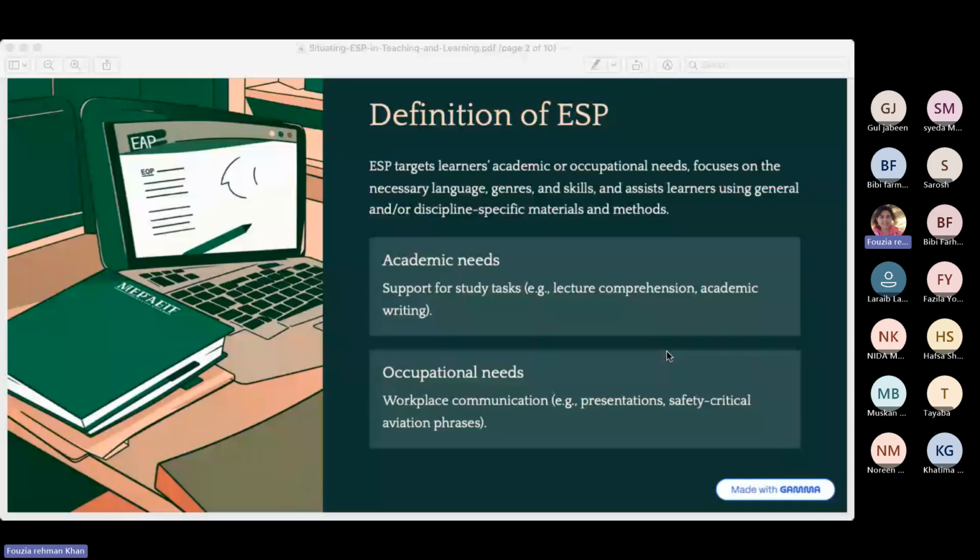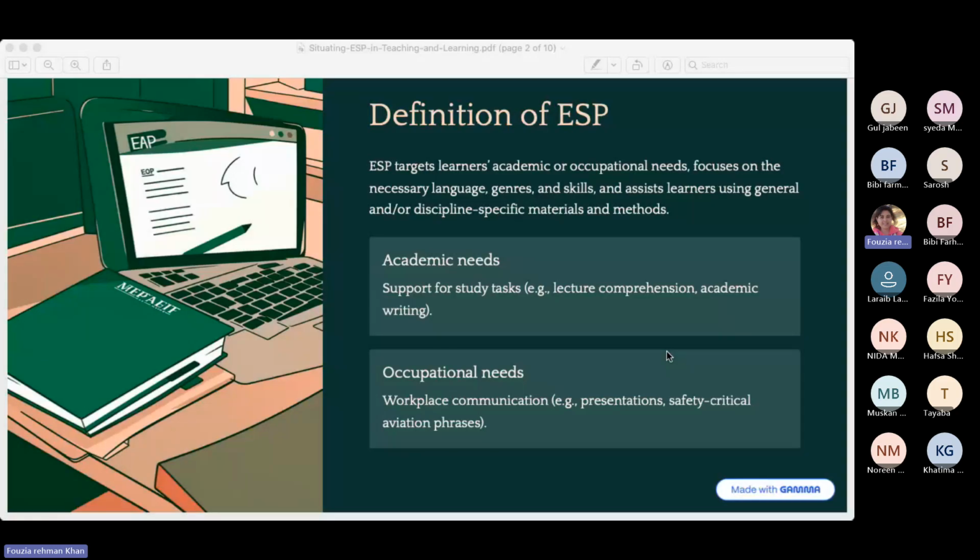There are two kinds of needs, and it focuses on necessary language skills and genres to address those needs. And it assists learners in meeting these needs through the use of general or specific teaching material and methods. So basically, ESP is a teaching approach.